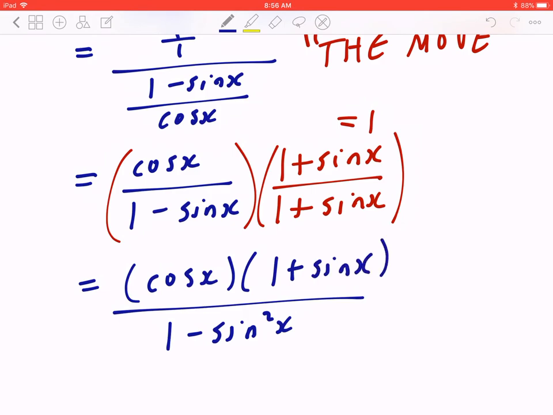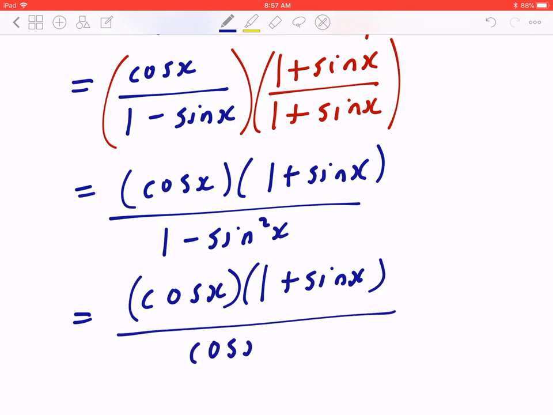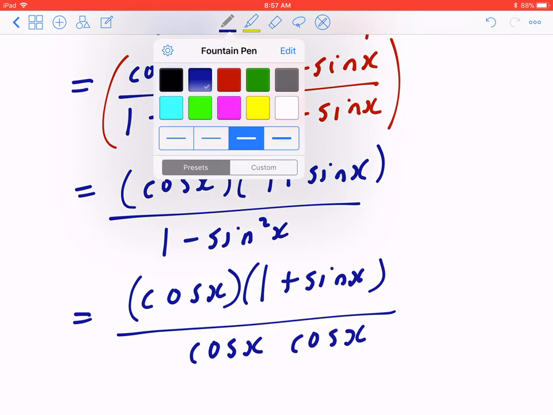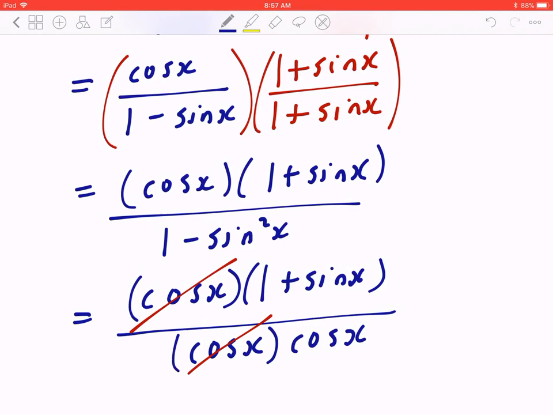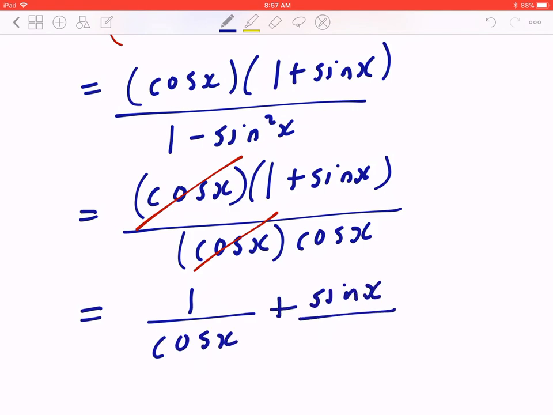And again, if you think about 1 minus sine squared x, that is the same as cosine squared x, or cosine x times cosine x. And now you can cross out cosine x from the top and from the bottom, just like that. And when you now break this apart into two pieces, you get 1 over cosine x plus sine x over cosine x.